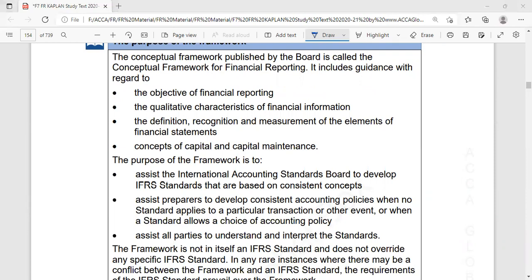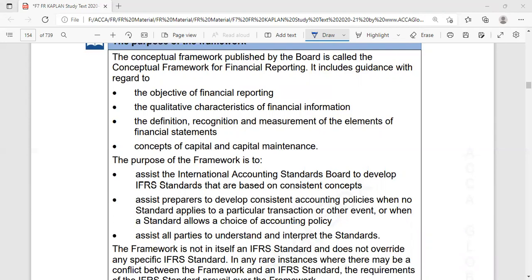Coming to the next one, what is the main purpose of the conceptual reporting framework? The main purpose is to assist the IASB, the International Accounting Standards Board, to develop IFRS that are based on consistent concepts.